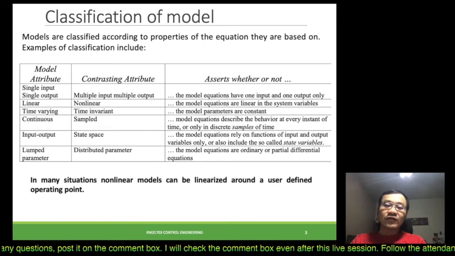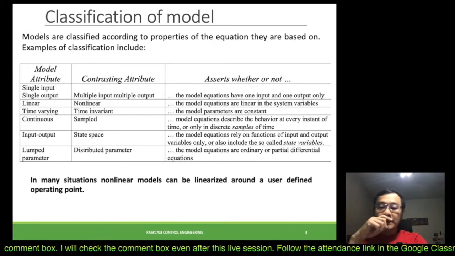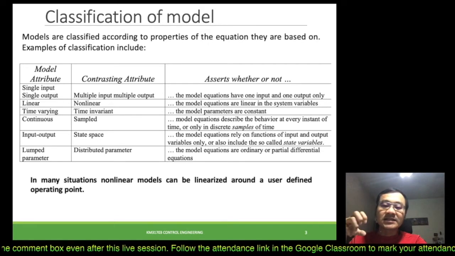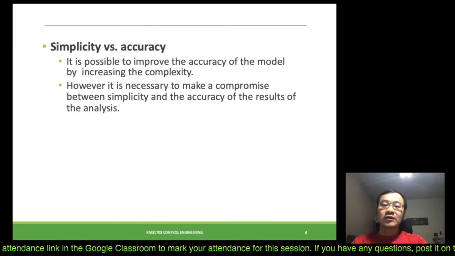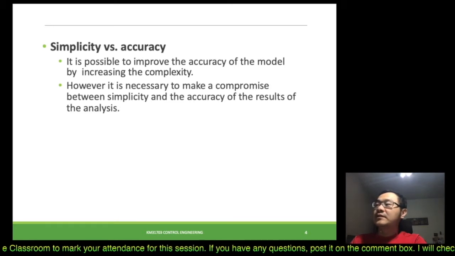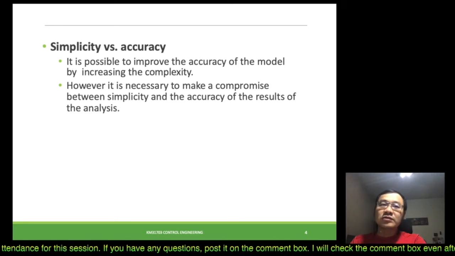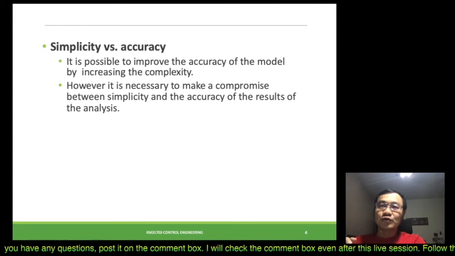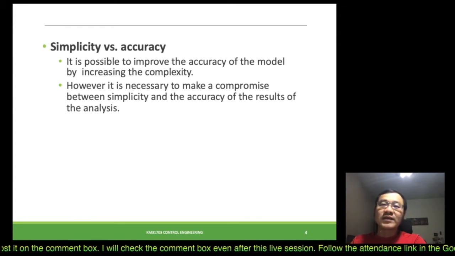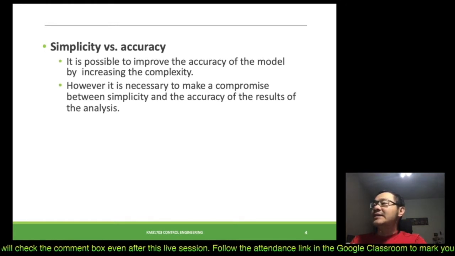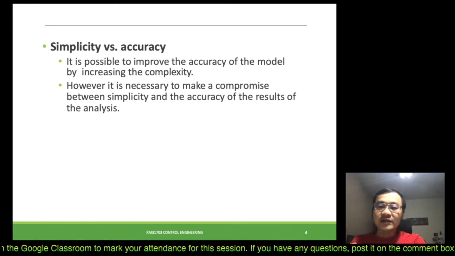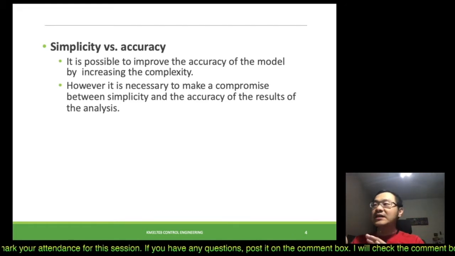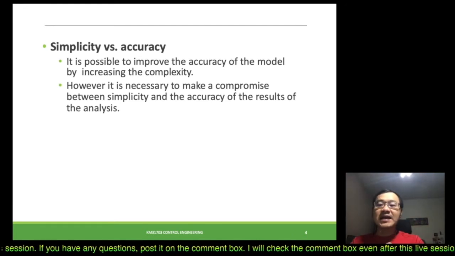In many situations of non-linear models, we would try to simplify or linearize the model around a user-defined operating point. This is because non-linear models are more difficult to solve and control. At the same time, as engineers, we prefer a system that is simple yet gives us an acceptable accuracy. So there is always a trade-off between simplicity and accuracy.